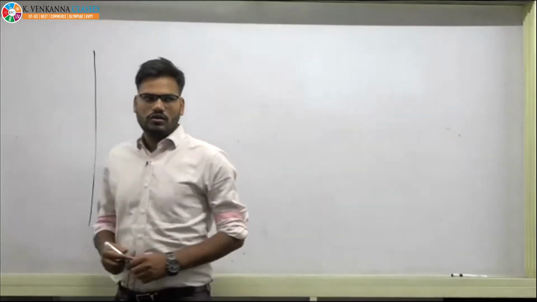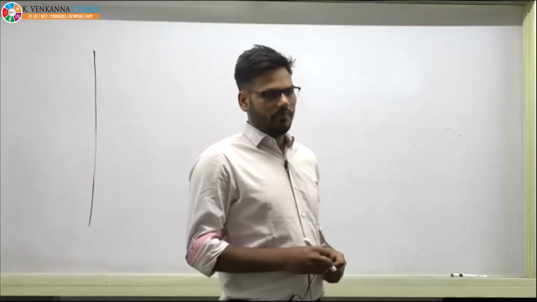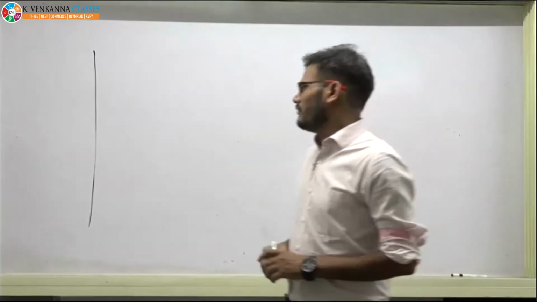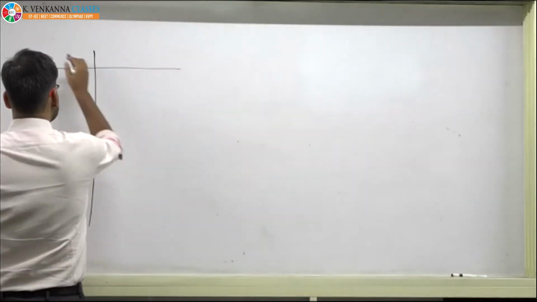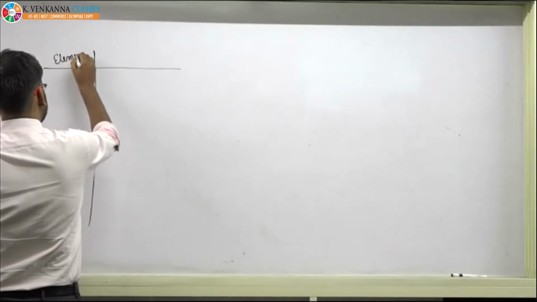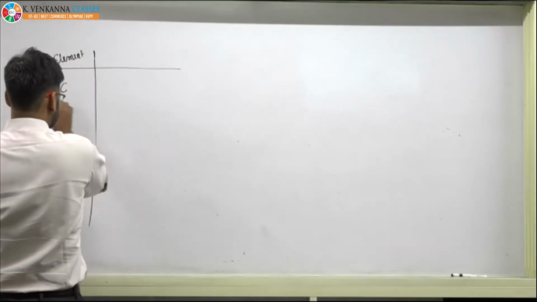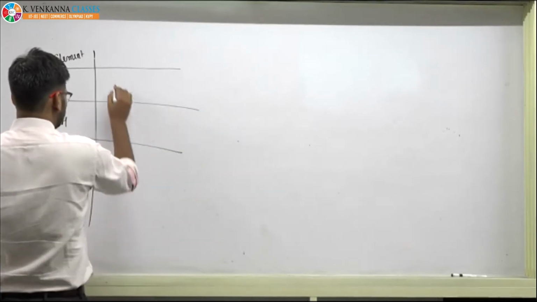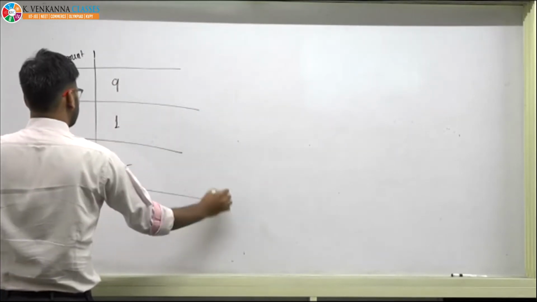To understand the concept, we have already solved a couple of problems. So I have given one problem for homework, in which it was given that it has elements carbon, hydrogen, and nitrogen, and they are present in 9:1:3.5 ratio. The ratio was given.